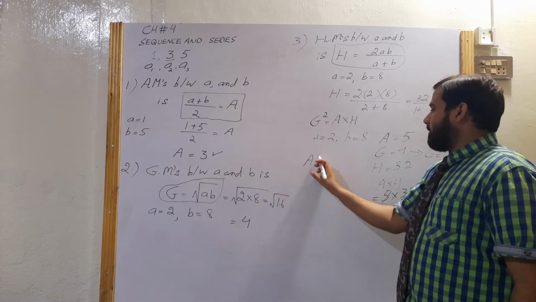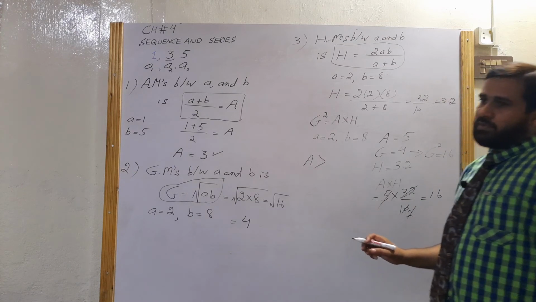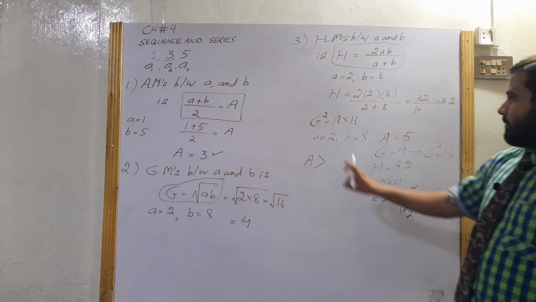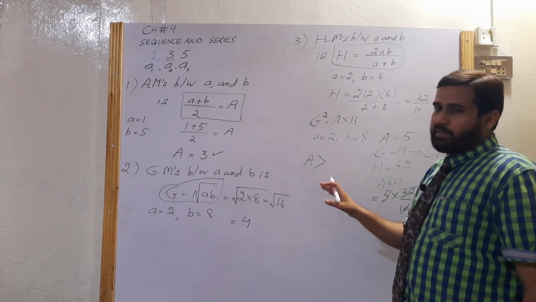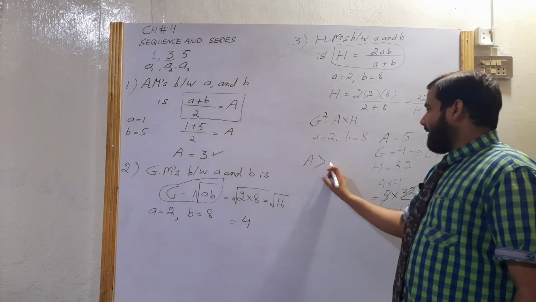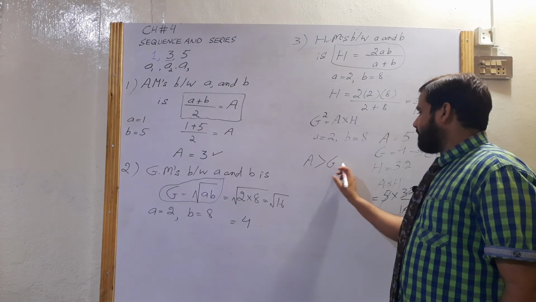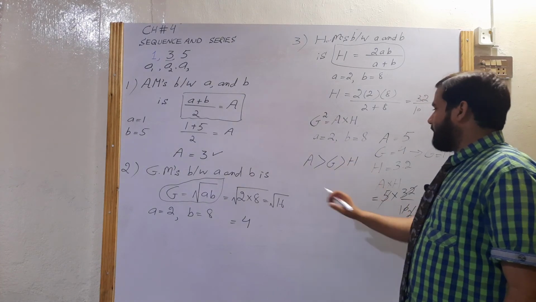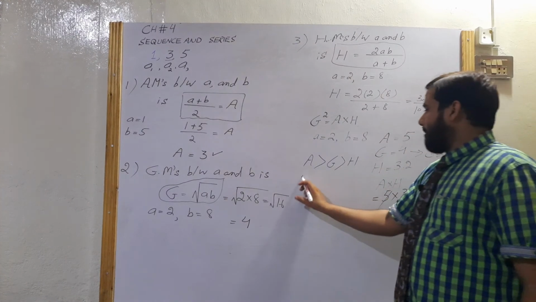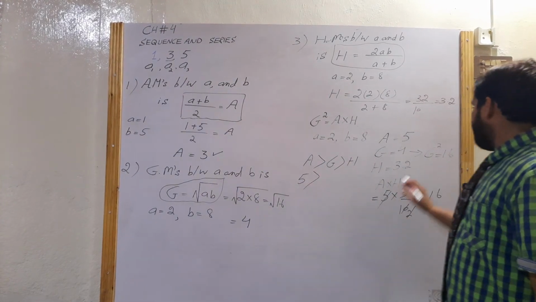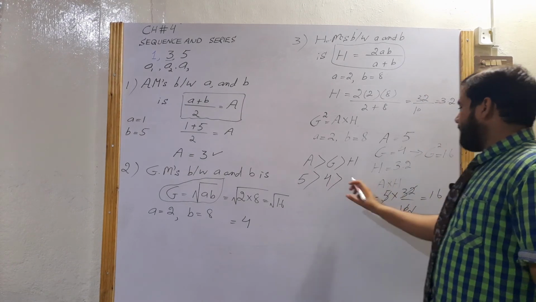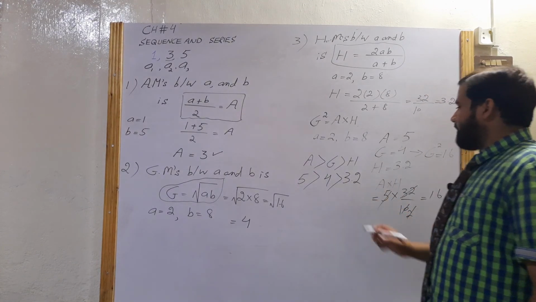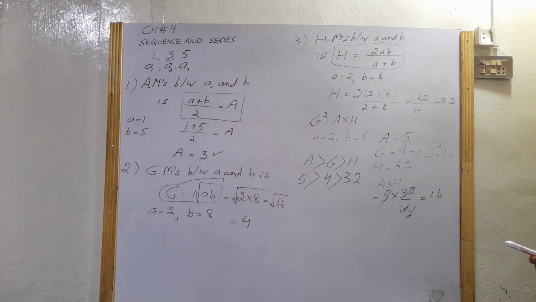Also clearly, if the two numbers are a is 2 and b is 8, in the three cases arithmetic is greater than geometric, which is greater than harmonic, because the arithmetic mean is 5, the geometric mean is 4 and the harmonic mean is 3.2. It is the relation between the arithmetic, geometric and harmonic means.